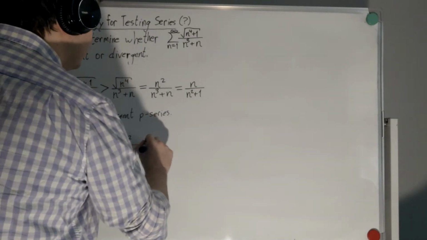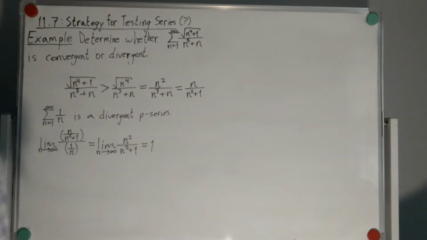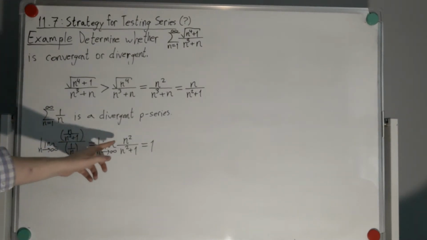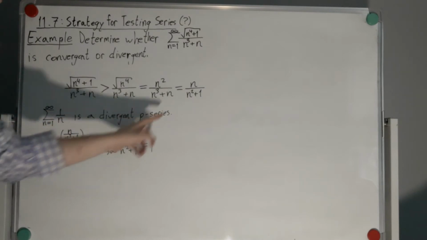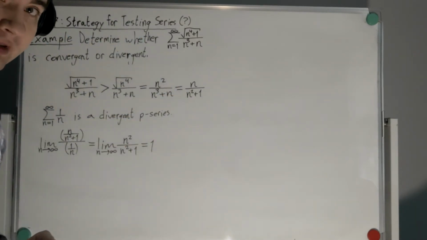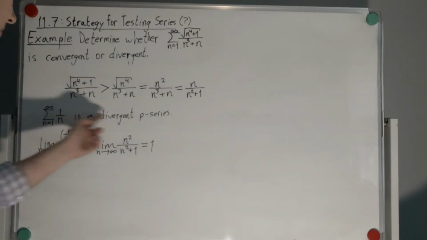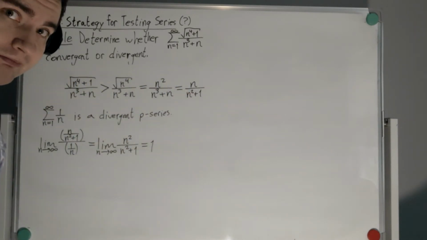That happens to be 1. All right, so this indicates that the sum from n equals 1 to infinity of n over n squared plus 1 has to have the same behavior as the harmonic series, which means it's divergent.